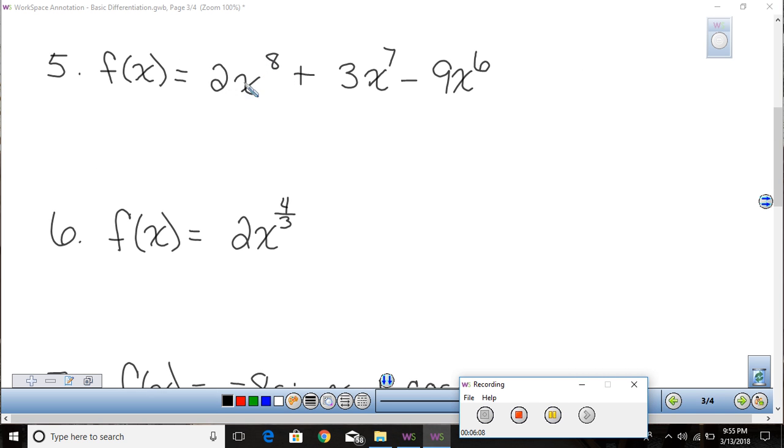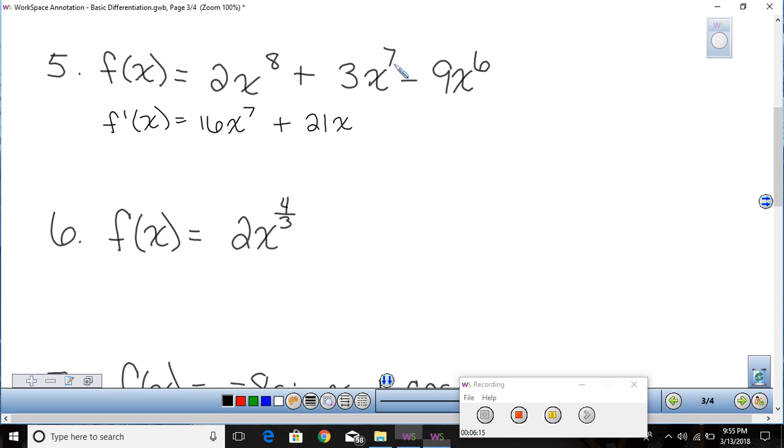All right. So you have 1, 2, 3 things being added together. So do each little derivative separately. 8 times 2 is 16. X decreased by 1, to the 7, plus 7 times 3 is 21.